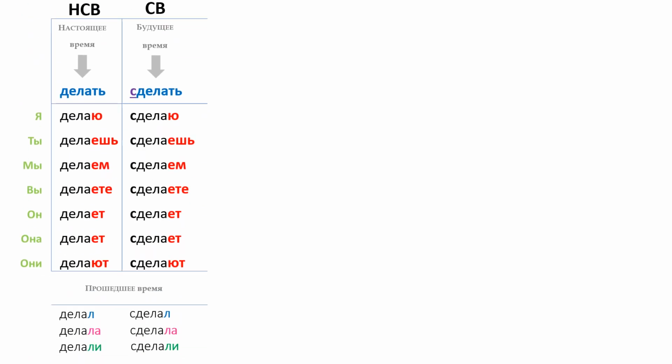The verb to do. Делать, сделать. Я делаю, я сделаю. Ты делаешь, ты сделаешь. Мы делаем, мы сделаем.